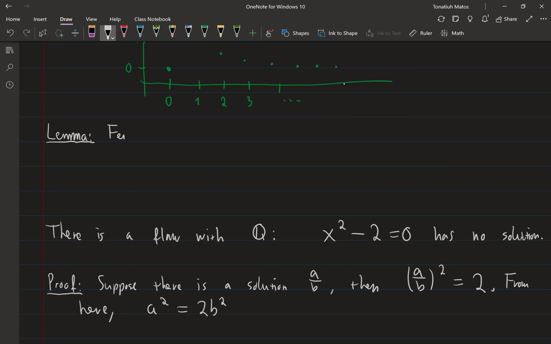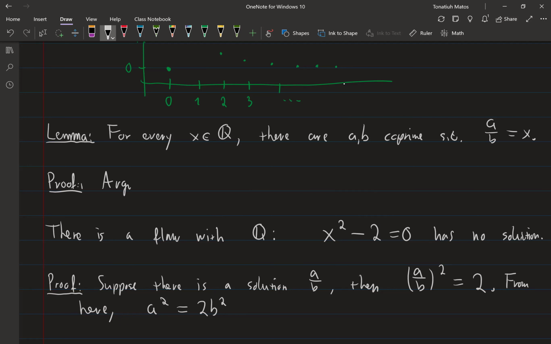So for every x rational, right? There are a, b coprime such that a divided by b is x, right? So for every rational number x, you can always find a fraction a over b where a and b are coprime. And how do you prove this? This is actually very easy.